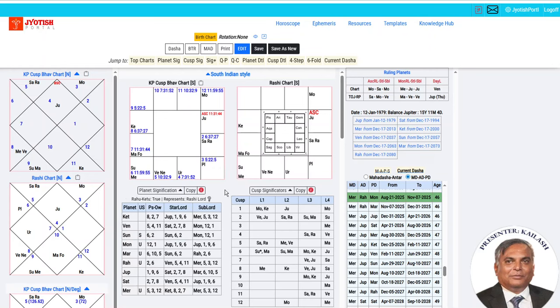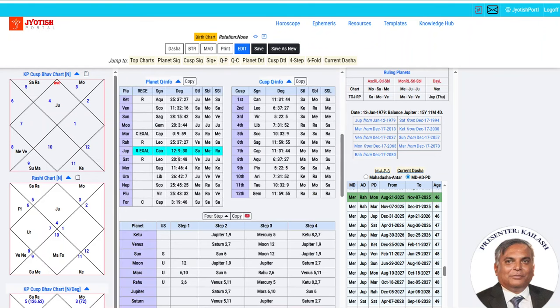So let me first make a note of the degree of the Rahu. So for that you can click over here. So you get the Rahu. So we will just make a note of star lord and sub lord.